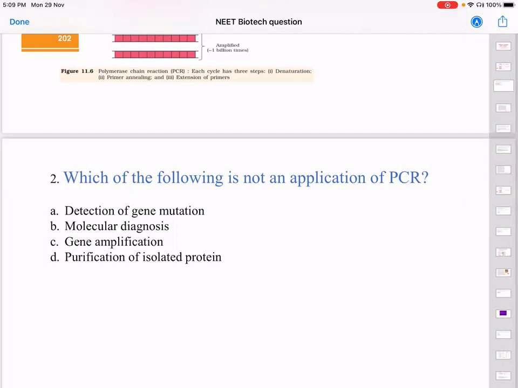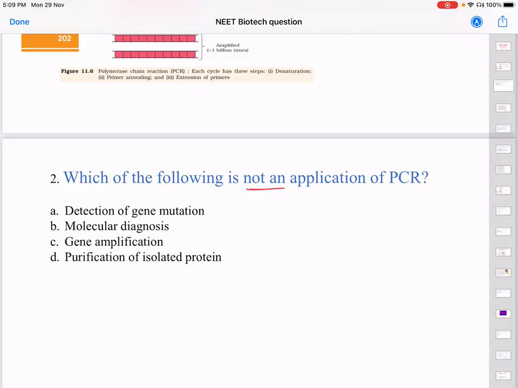Coming to the application, which of the following is not an application? There are four options given, and they are asking which one is not an application of PCR: detection of gene mutation, molecular diagnosis, gene amplification, and purification of isolated protein.